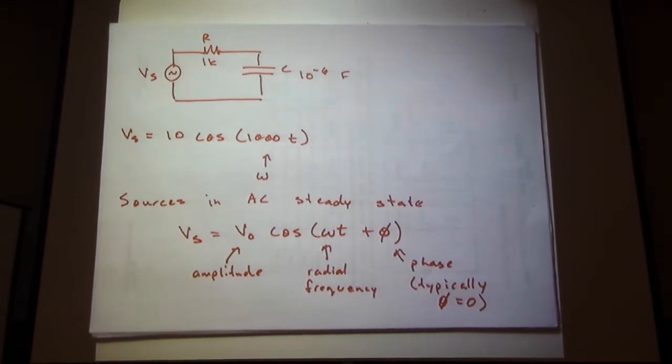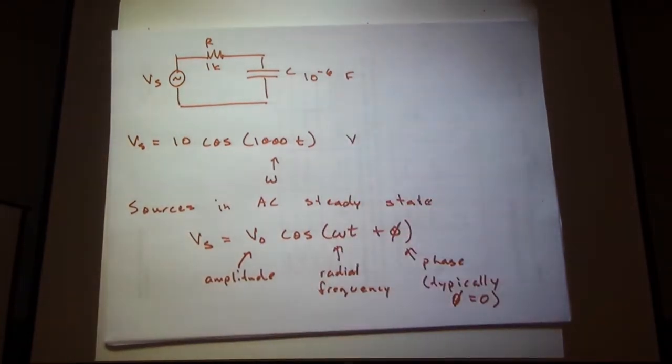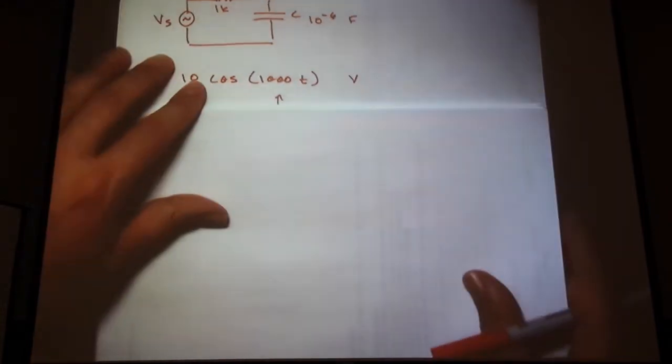So, there's our general expression, and here we have a 10-volt amplitude with a radial frequency of 1,000 and 0 phase. And so the question can be then, what's VC and what's VR? So as we look at this circuit, what's VC and what's VR?